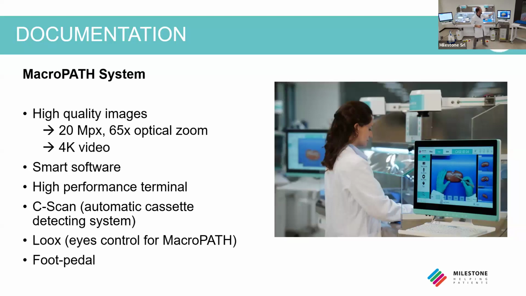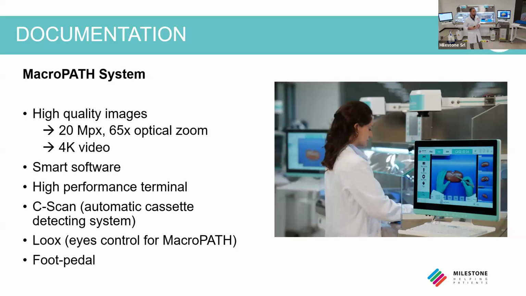Then a high spec PC, which runs smart software that we will discuss later, and also a foot pedal for controlling the commands without using the hands, which, of course, during the grossing activities are dirty with blood, formalin, or ink. But we did not stop here. Why?